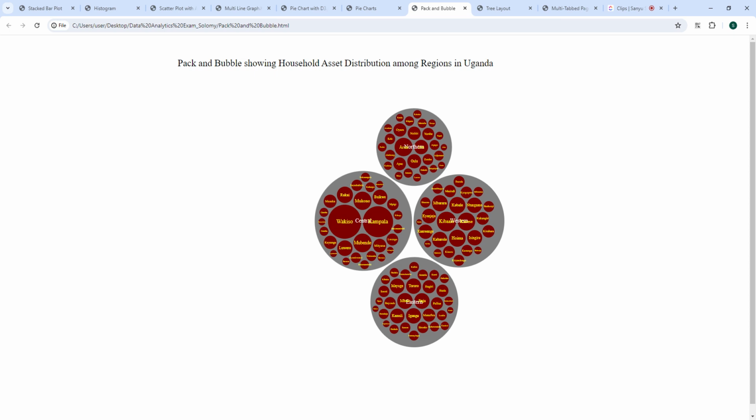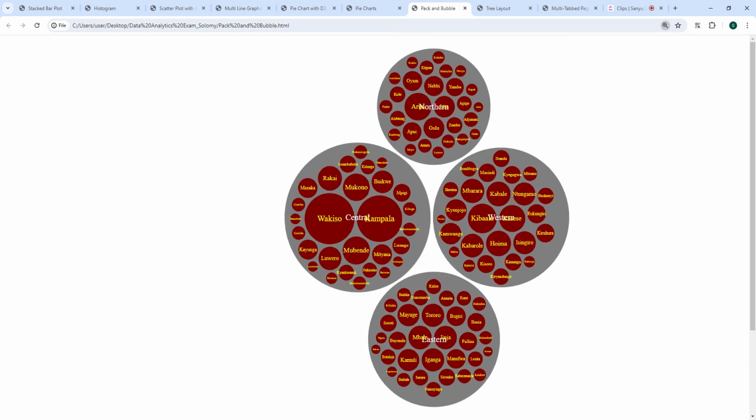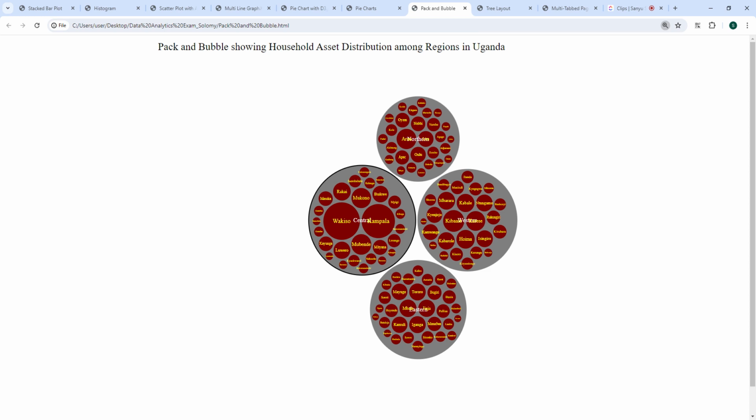The big circles, why are some circles very big? Now you see Central is bigger, followed by Western. It's because of the totals. The total number of household assets was bigger in the Central as compared to the North.